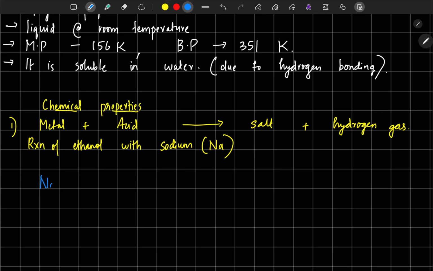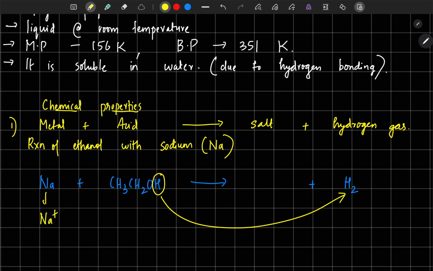So Na plus CH3CH2OH. What will happen? A salt will be formed plus hydrogen gas. Hydrogen gas is formed for sure, so we can write it as H2. Here you need to understand that this hydrogen is forming this H2. The ion remaining will be here: Na will become Na+, then there will be this CH3CH2O- ion.